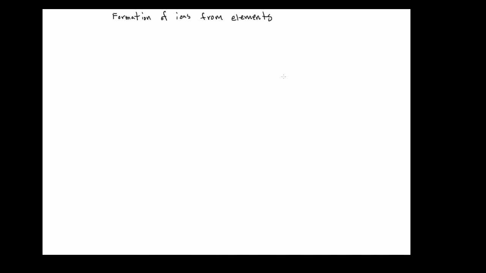So let's start with a similar example to the one I used in presentation number 1 on ions. We're going to look at the combination of lithium, which has an atomic number of 3, and in this case, a group 7A element, chlorine, which has an atomic number of 17.